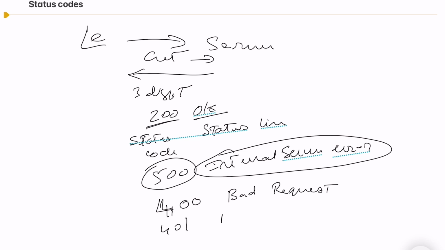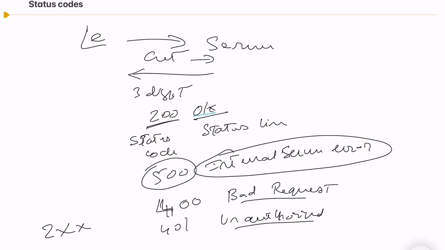Similarly, maybe 401 means unauthorized. Okay, so these are all status codes. You can Google for more. Anything which starts from 2xx is good. 4xx is the server giving some business error, we call it business error, something wrong at the server side. And 5xx are basically technical errors.